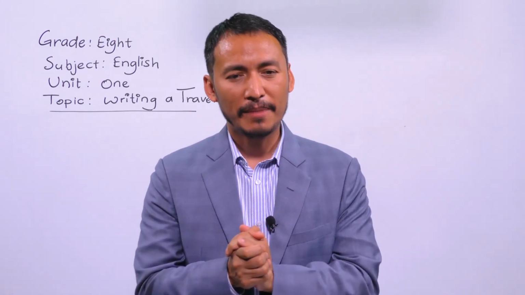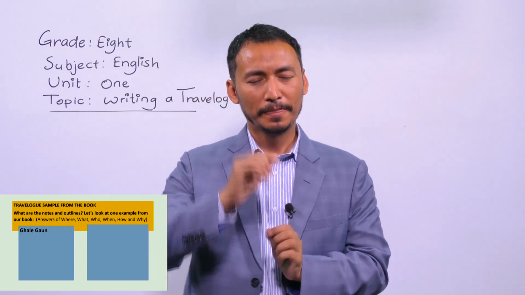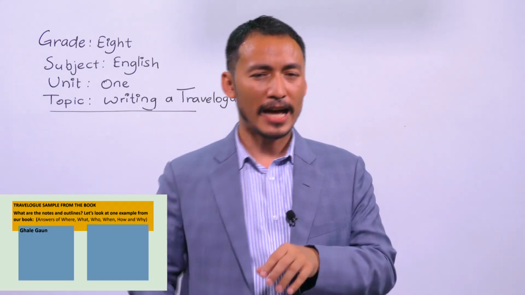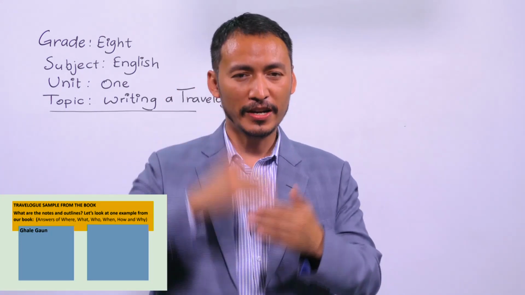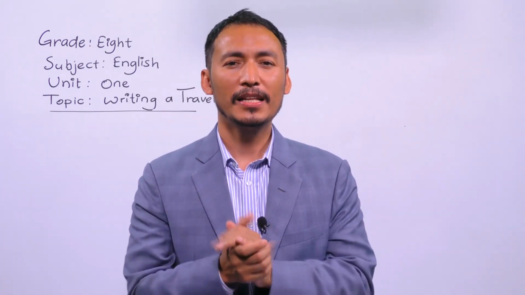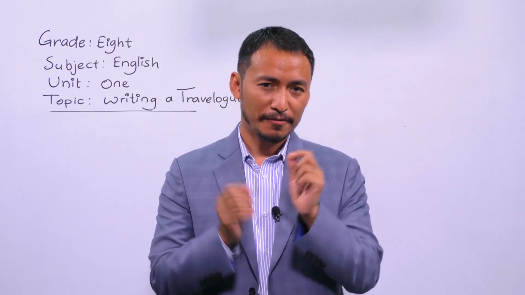Here is one example. I'm going to give you a sample from your book, so it will be helpful for you to collect those ideas and to develop a travelogue later. I'm going to connect that later. Before that, I'm giving you a sample example of a travelogue from your book.